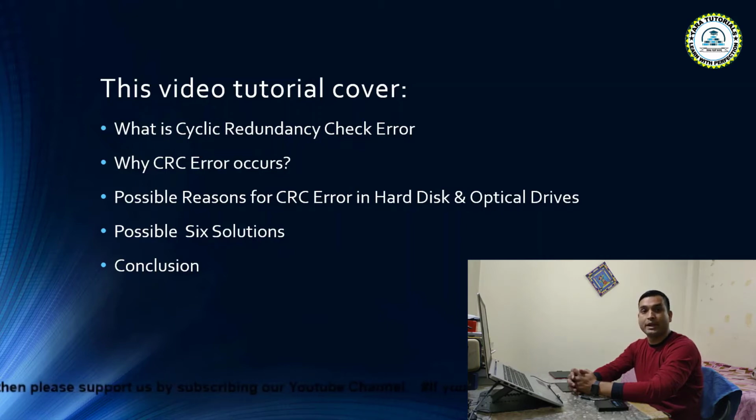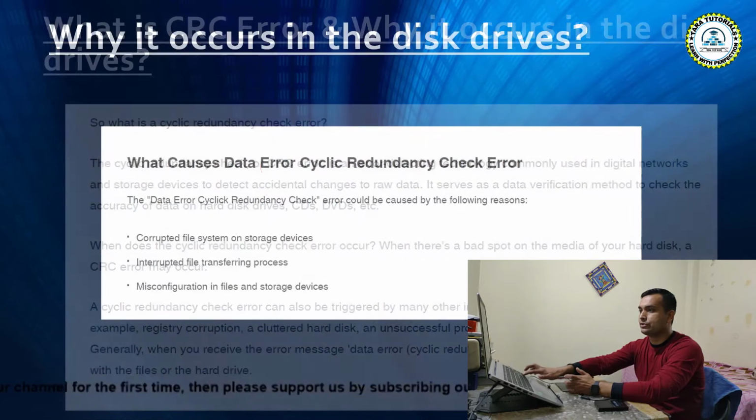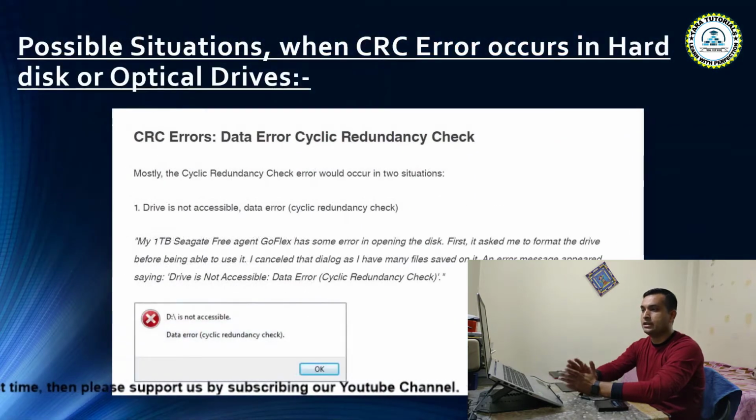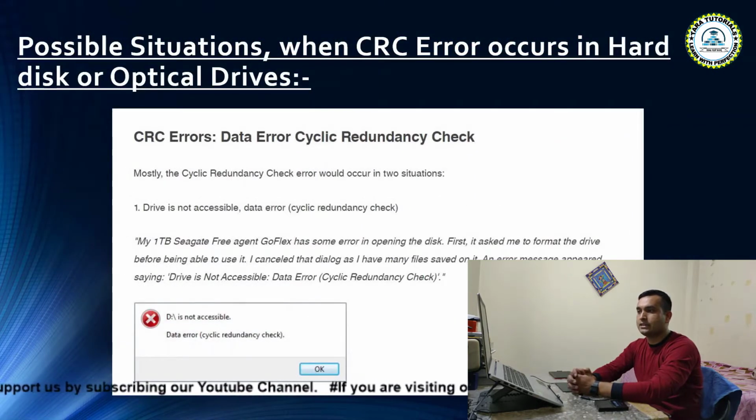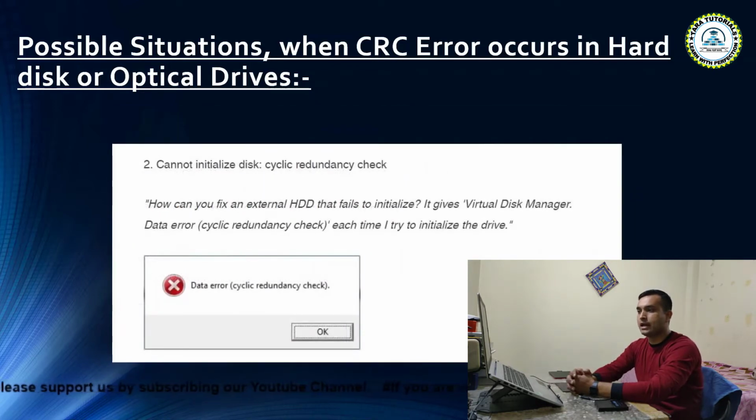Then a very important thing: if you come across this kind of dialog box on your screen, which I'm going to show you here, saying that the external drive or the internal drive is not accessible, data error, CRC, or a dialog box like this, data error, cyclic redundancy check.